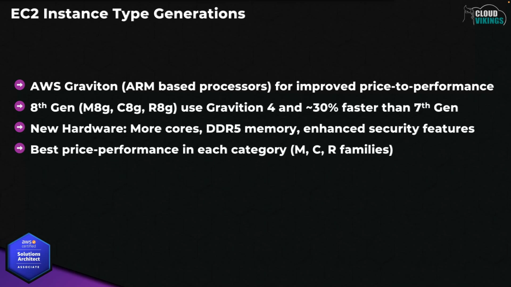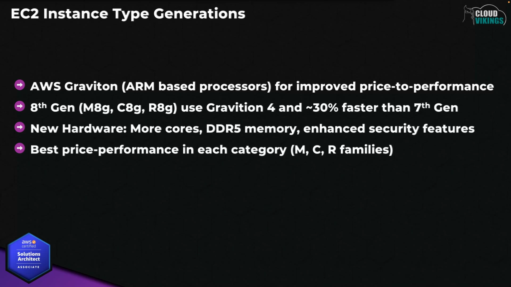So again, your takeaway here is that this new hardware and features of the latest generation of instance types typically give you more of everything, more cores, speed, memory, and even improved security and I/O. So if you're comparing older and new instances, these enhancements often tilt the scale heavily in favor of moving to the latest generation as soon as possible. With the combination of the Graviton 4 processor and the design of these 8th gen families, M8G, C8G, and R8G, have really all become the leaders in price to performance for their respective use cases.